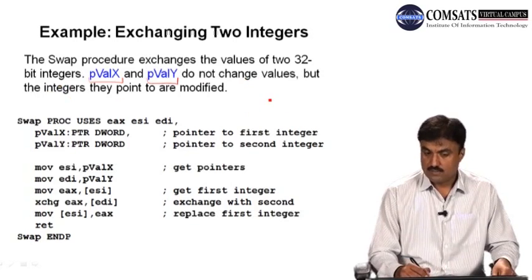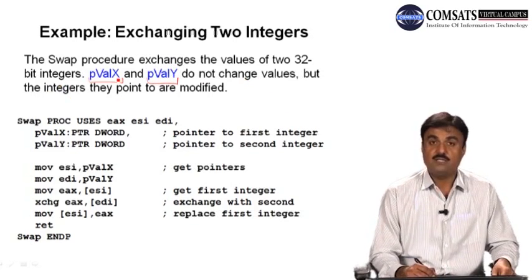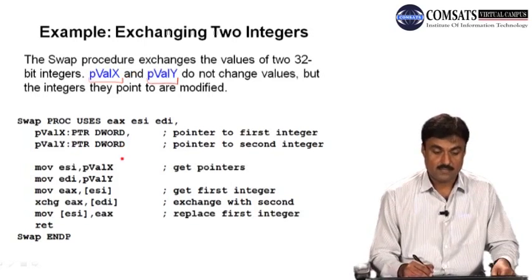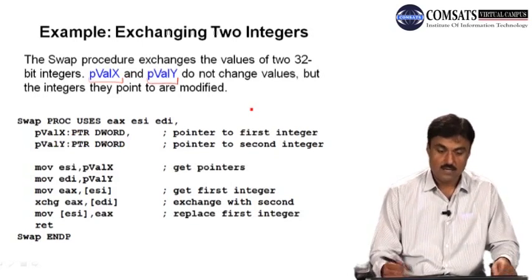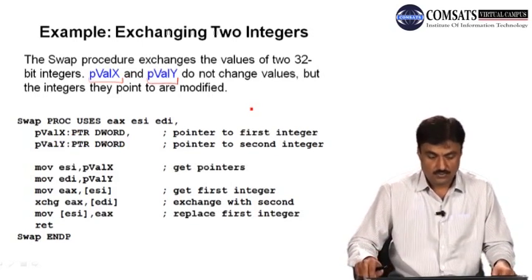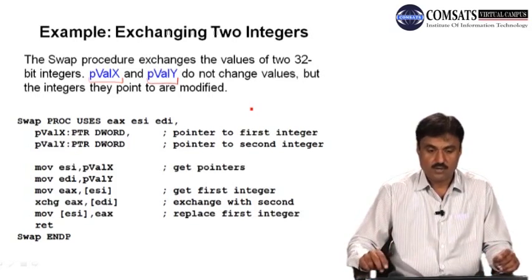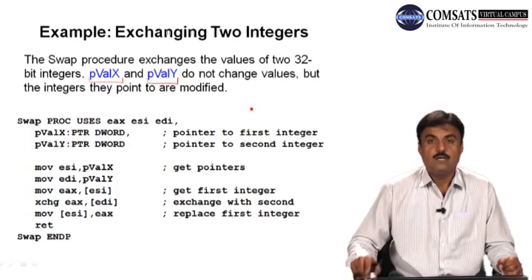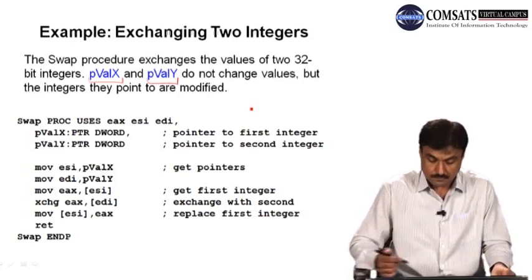Whatever values are inside p-val x and p-val y, actually these are the addresses that will be passed inside these two parameters. And now we are going to change the values which are being pointed to by p-val x and p-val y. So these values will be exchanged.